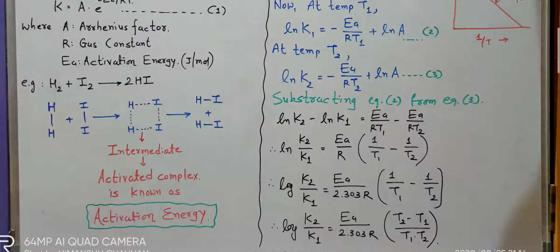And if we convert to simple logarithms, then our final equation becomes log K2 by K1 is equal to EA upon 2.303 R into bracket T2 minus T1 upon T1 into T2.